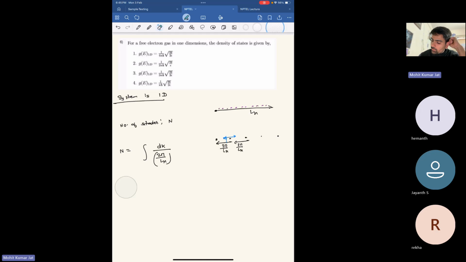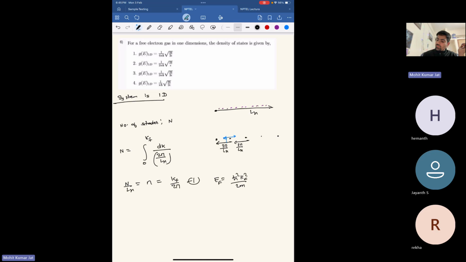So if I take it up, N by Lx will be nothing but the carrier density n in one dimension, and dk in one dimension is nothing but kx. If I integrate 0 to kf, it will be kf by 2 pi.